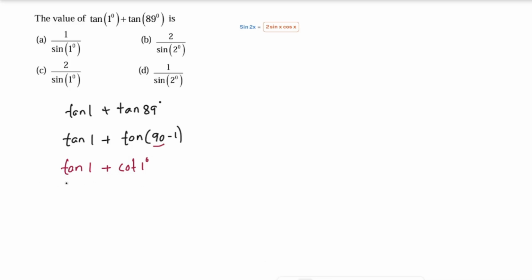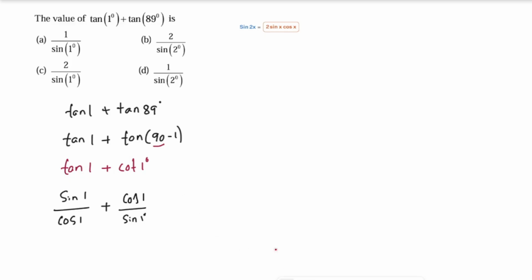So let's write tan and cot in terms of sine and cos. Tan 1 degree becomes sin 1 by cos 1, plus cot 1 degree, which can be taken as cos 1 degree by sin 1 degree.